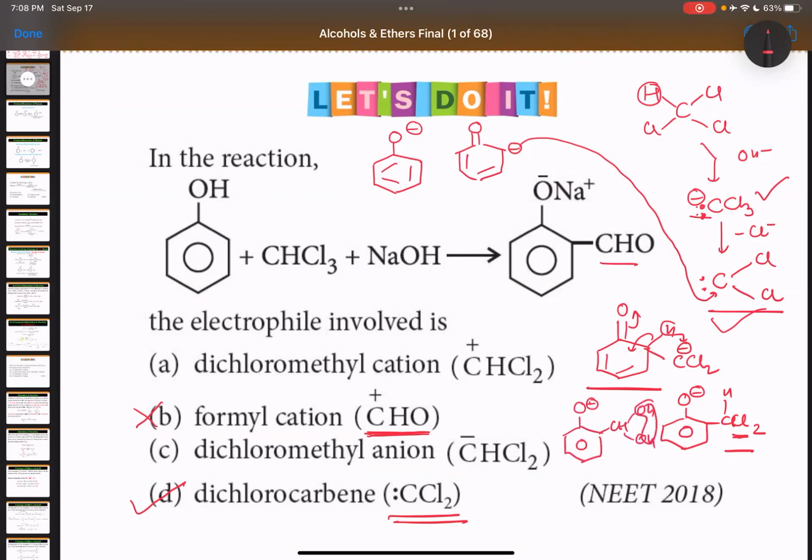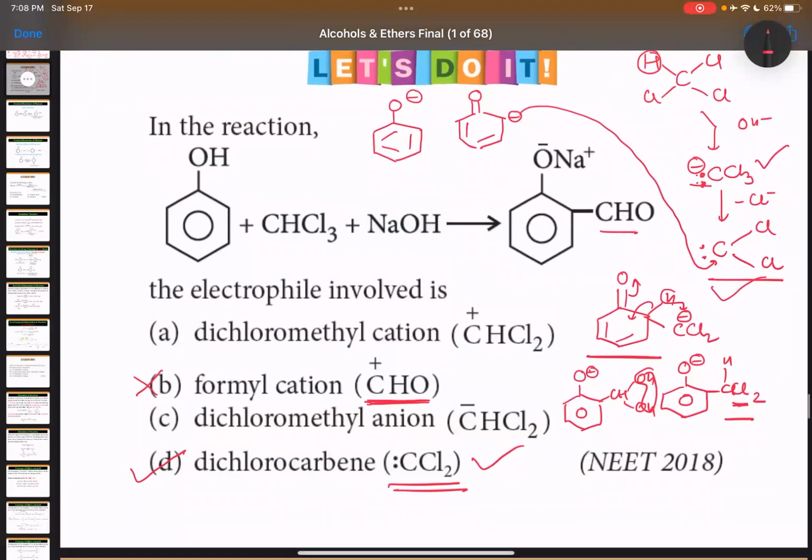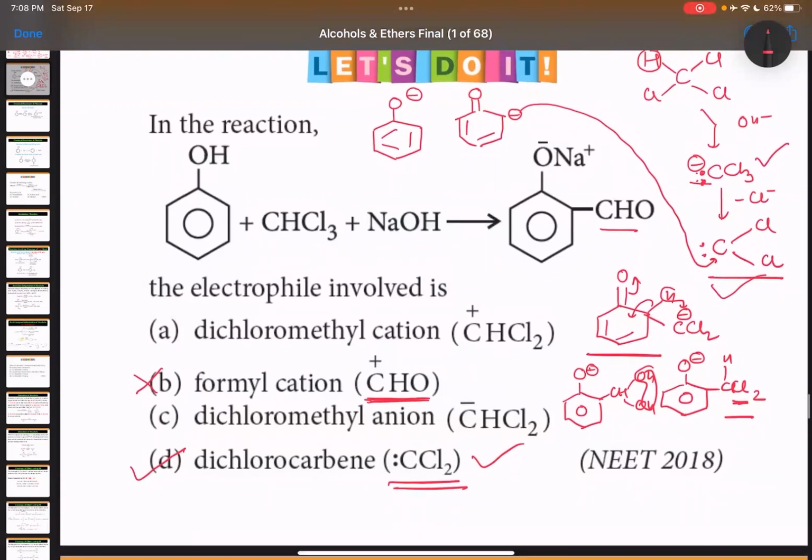Water will be removed and you will end up with CHO. So all these are the list of intermediates. This is a complex mechanism, so we can't have only one intermediate. A lot of intermediates are there. Clear?